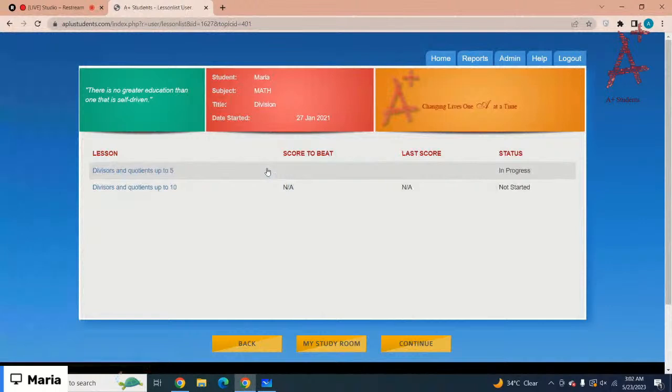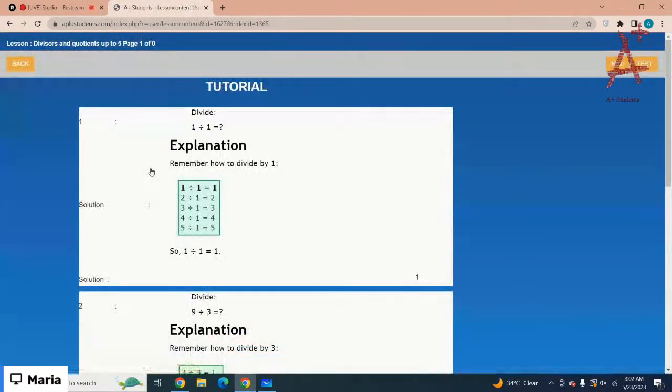Let's start with the first lesson, divisors and quotients up to 5. We are going to divide 1 divided by 1.